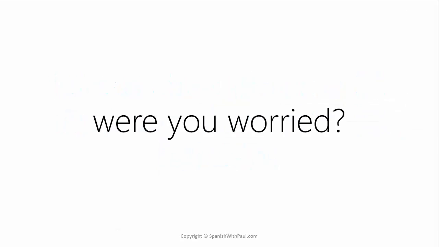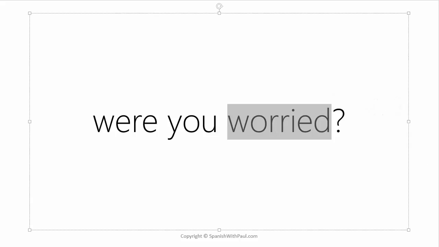What about this one? Were you worried? So ser or estar is the first thing. Which do you think? I would go with estar because being worried is an emotion. And now we decide a dot or a line. Which do you think?